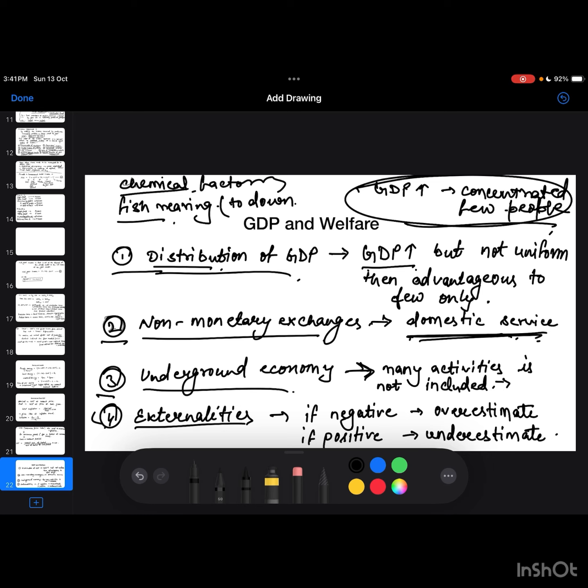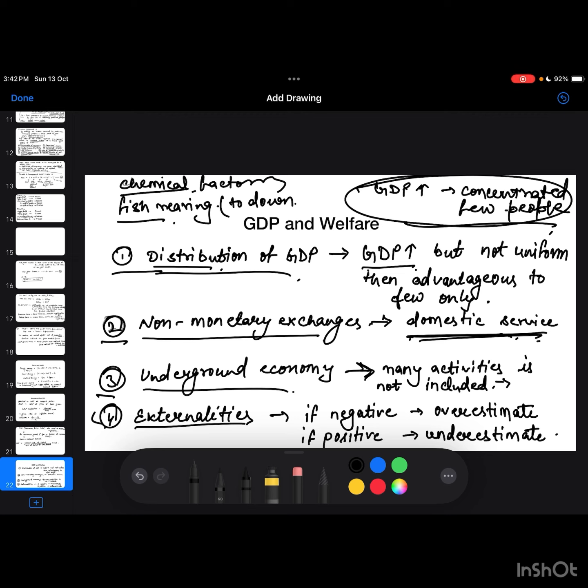And suppose, we can take an example from COVID, if one person is vaccinated for COVID, then the other person will also be benefited, in that there will be chances that he will not get the disease from the vaccinated person. So that will be a positive kind of externality.